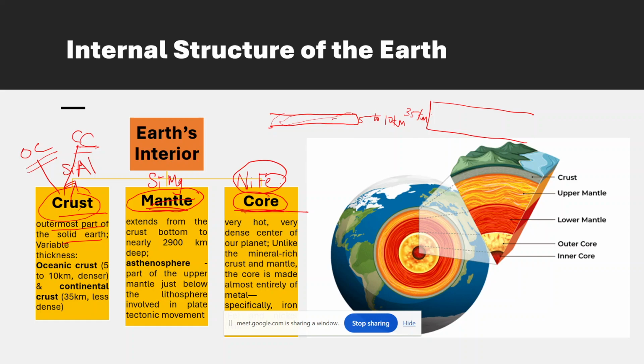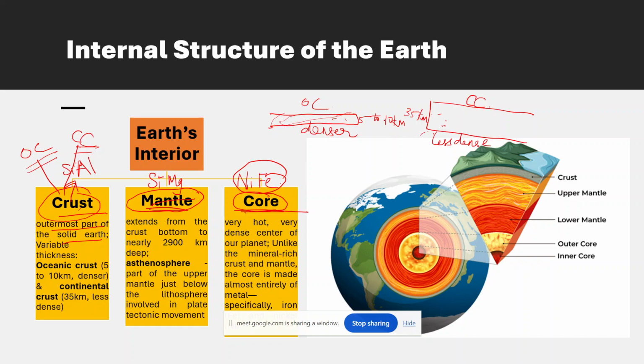So you can see how the thickness is different. However, when you compare the two, the oceanic crust is denser, although it is less thick. Density, in simpler terms, means the oceanic crust is on the heavier side and the continental crust is on the lighter side. The continental crust is less dense.